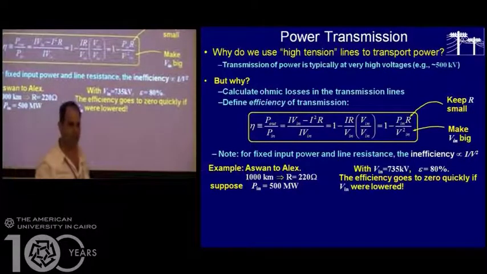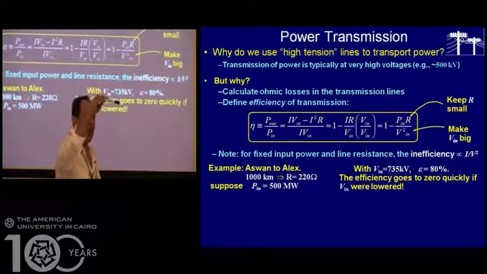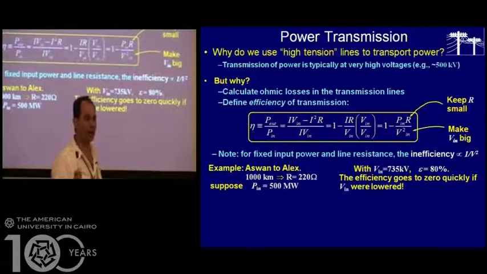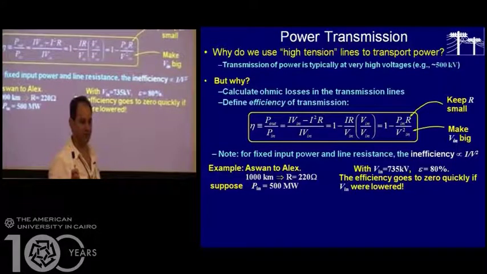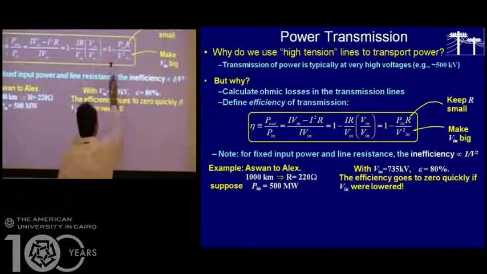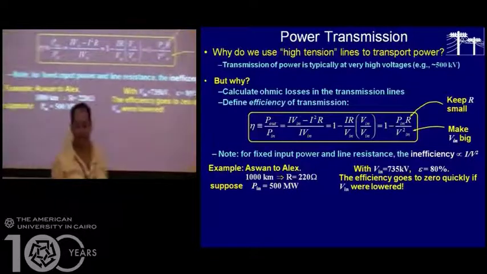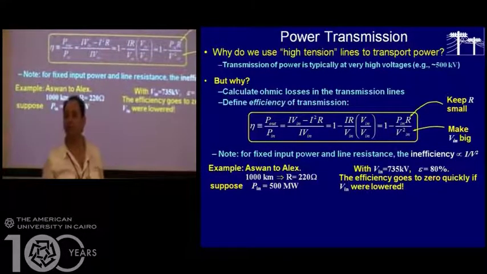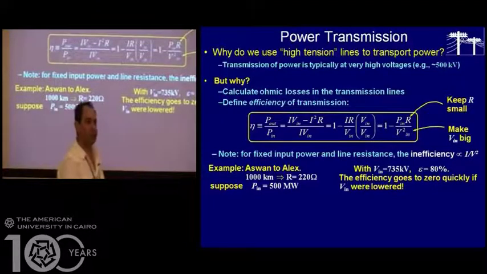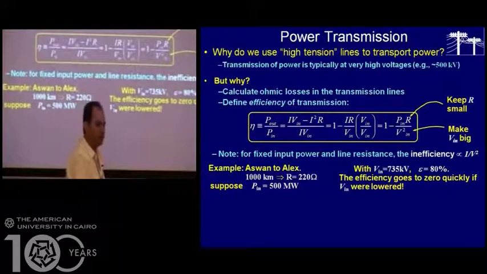That's why it's very important that we transmit the power across high potential, not across high current. This equation describes the efficiency of the transmission line from any power station to the consumer in Cairo, Aswan, and whatever the place is.